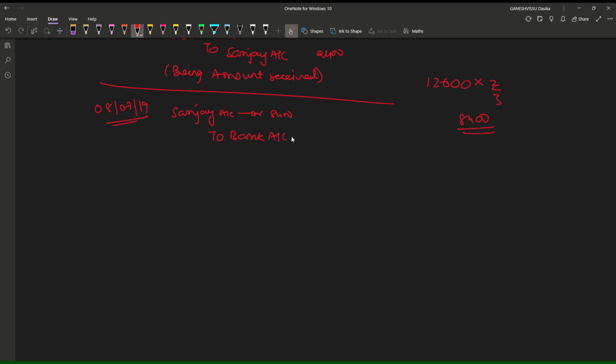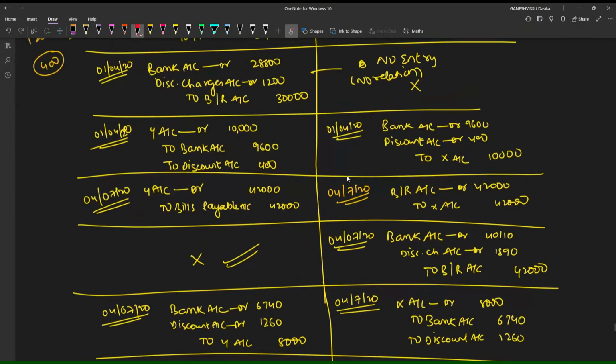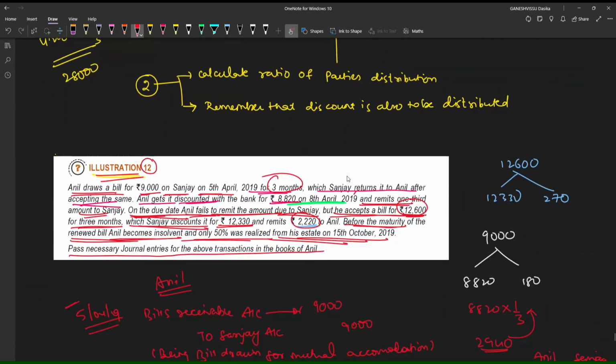Only 50% has been paid. 4,200 amount has been paid, and the deficiency we need to send. 50% of the amount paid, we can say.